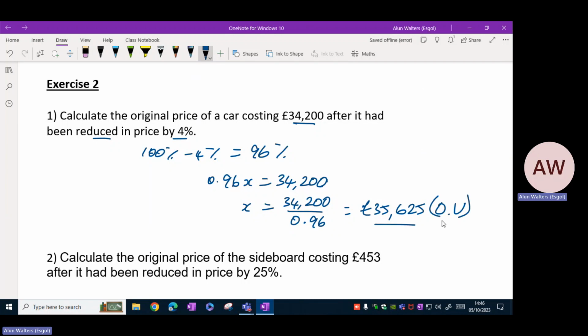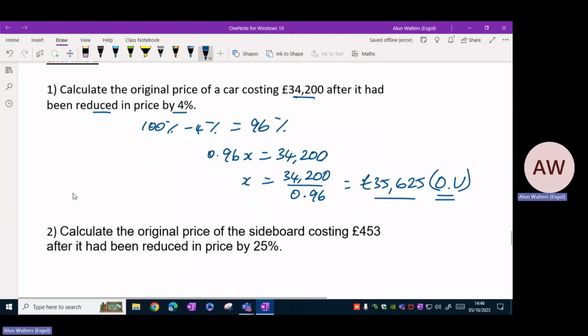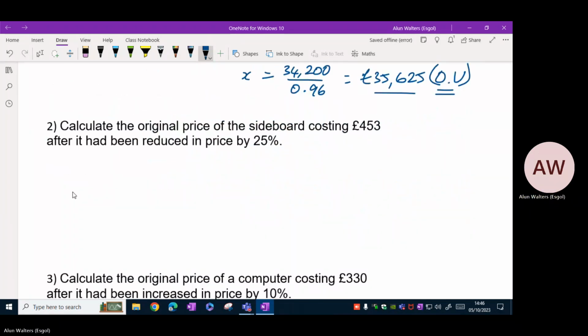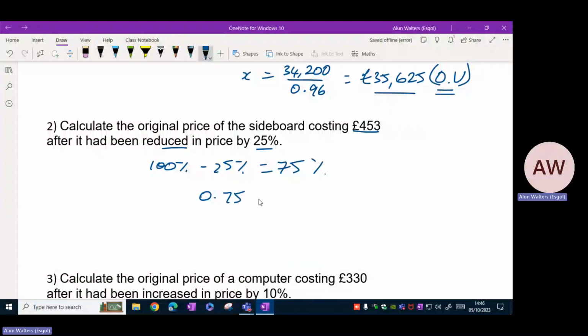Okay. The second question, it was costing 453. It's reduced by that, so I'm going to start off with saying 100%, take away 25% is 75%, so the multiplier is 0.75. I'm going to say 0.75 times the original value is 453.